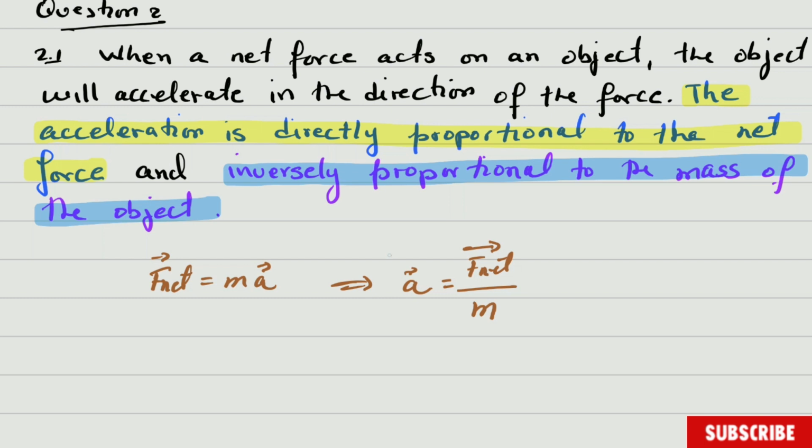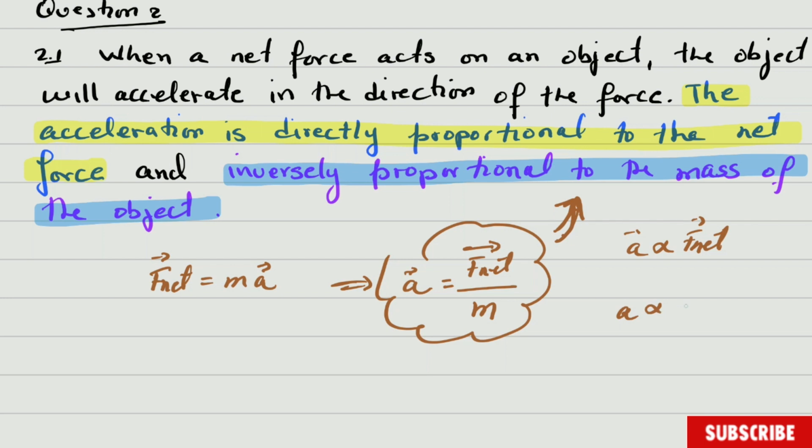Guys, from here you can deduce the law if you want to. So if you think you are going to forget the law, all you have to do is write the formula and then deduce it by rearranging in terms of acceleration. So from here we can see that acceleration is directly proportional to F net, and acceleration is inversely proportional to the mass of the object.